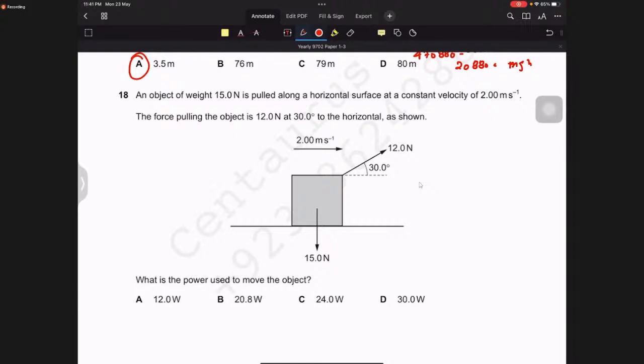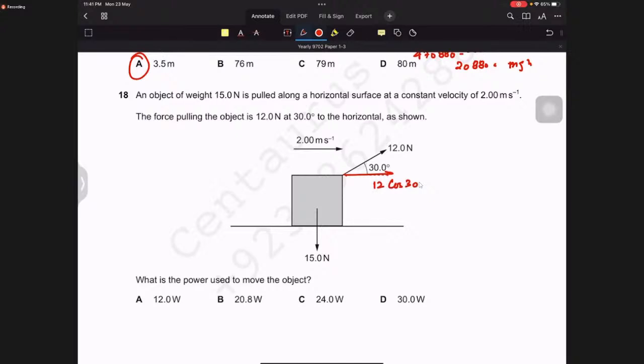The object pulling, okay. All right, fine. So it says, what is the power to move the object? So for power, the force and the velocity have to be in the same direction. So first of all, we need to find this. This is 12 cosine of 30.